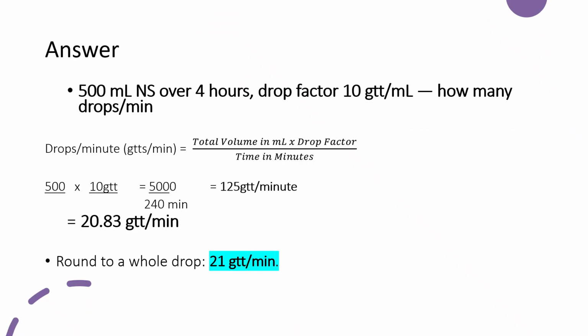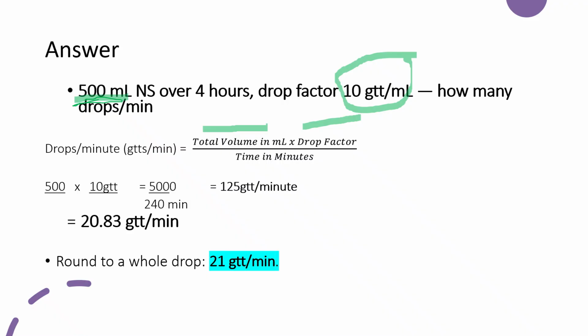So for Mr. Simple, we had 500 mils of normal saline, and I'm just actually going to get the highlighter here. We had 500 mils of normal saline, so that was our total volume in mils, so 500 times by our drop factor, which is on the bag, and it's 10.